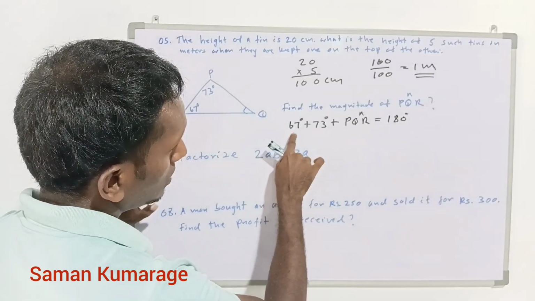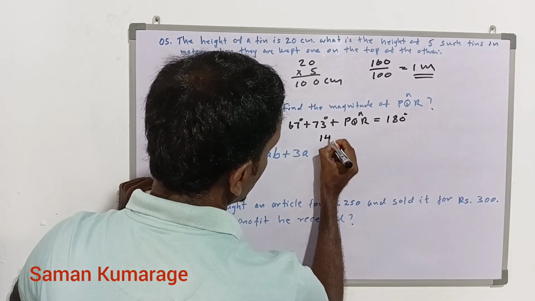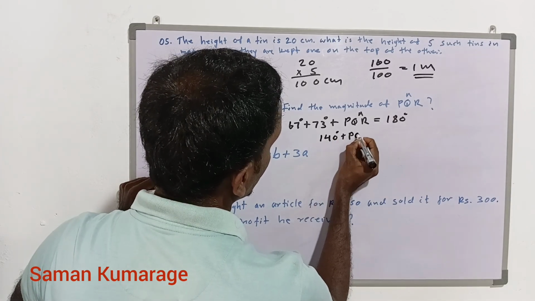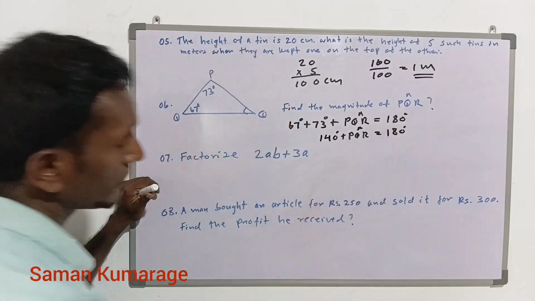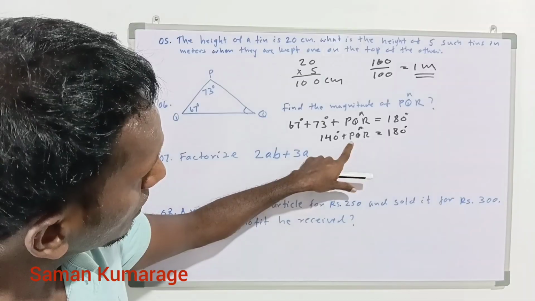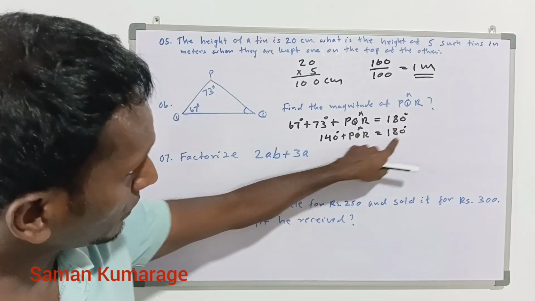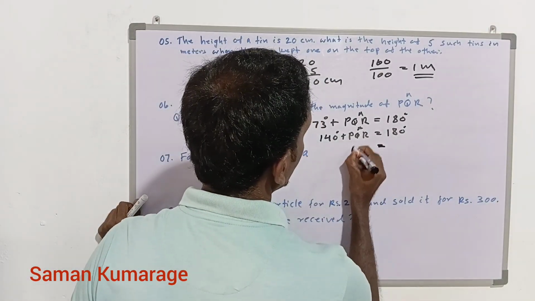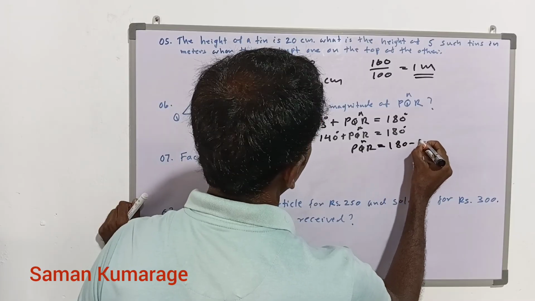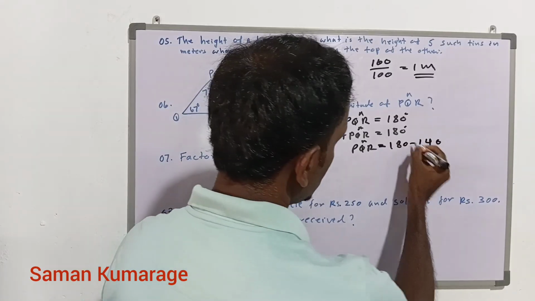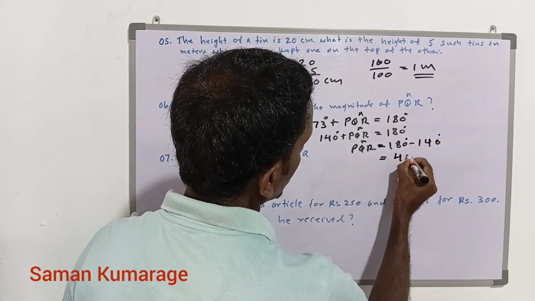So the sum of these two is 140 degrees plus PQR equal to 180 degrees. So for isolating this angle, we need to subtract 140 from 180. So PQR is equal to 40 degrees.